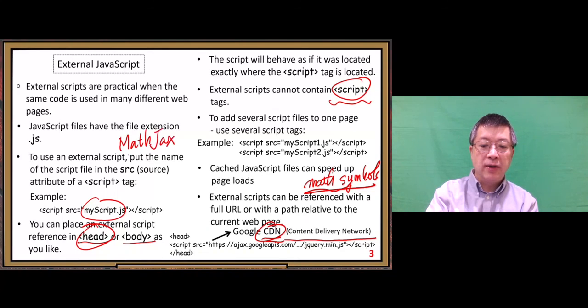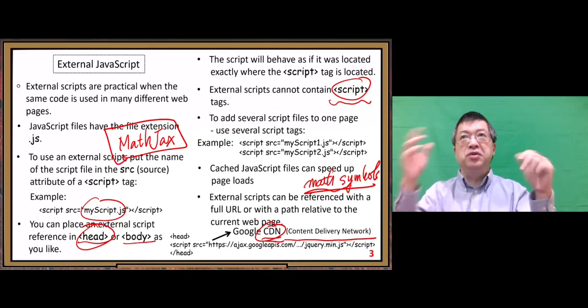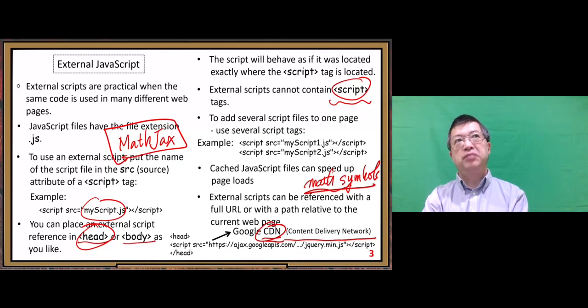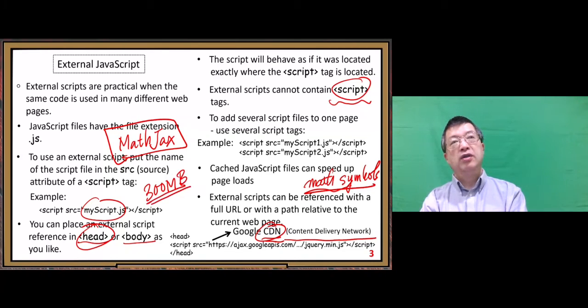MathJax. That package is huge, really big. A couple of years ago, I downloaded 300 megabytes. I don't know right now how large it is, but in that category, 300 MB. Such a big one, why would you need to download it, right?